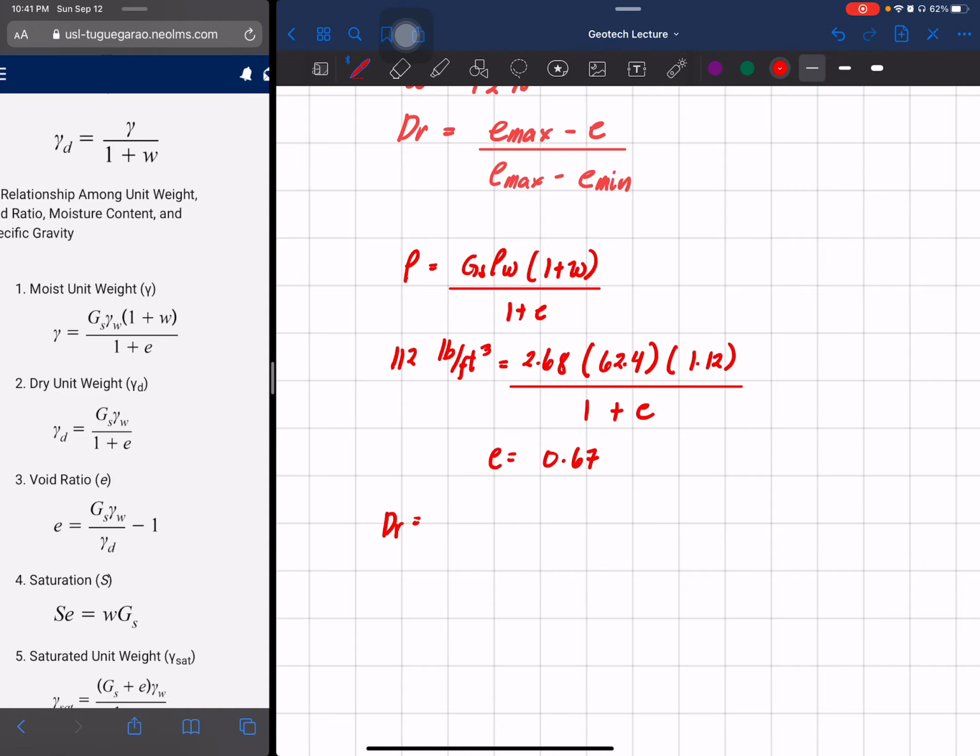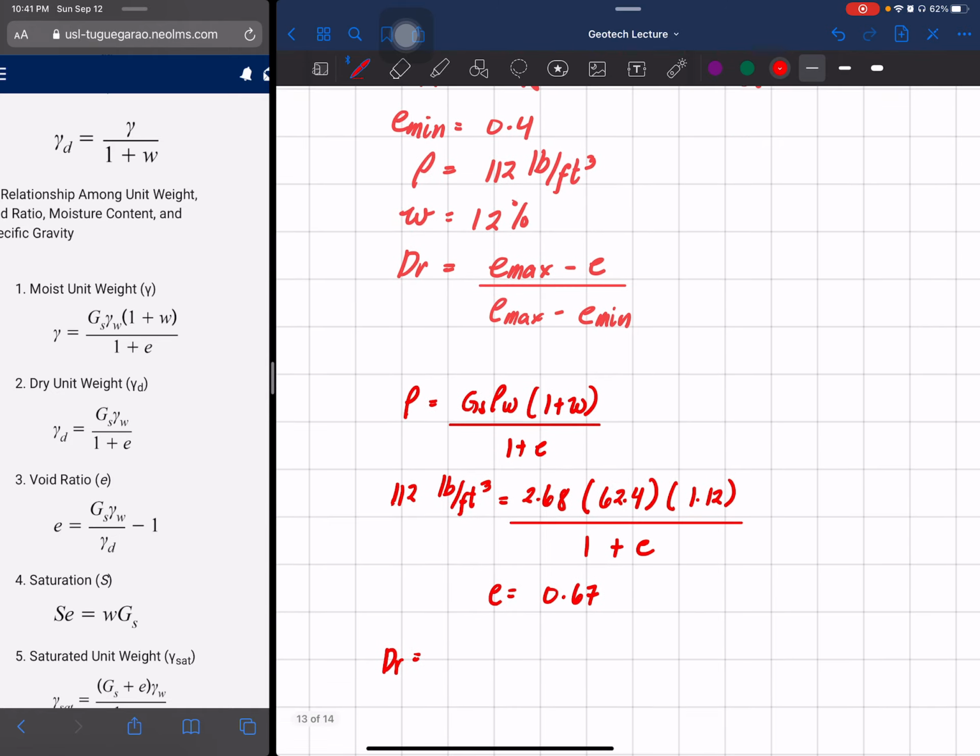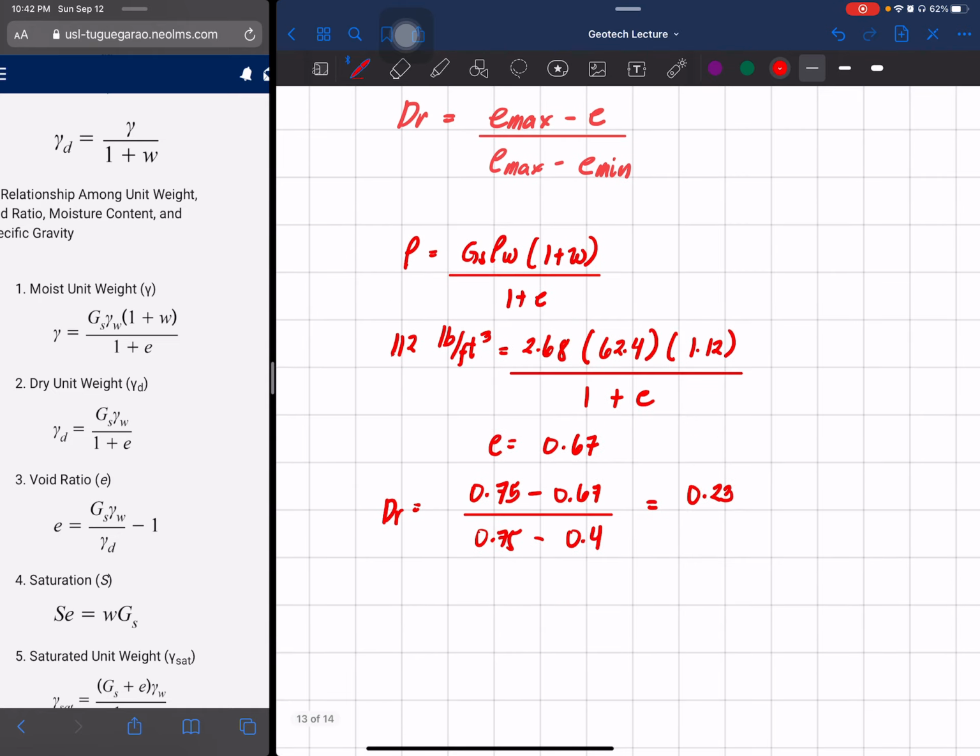So, yung DR natin, Emax natin is 0.75 minus 0.67 all over Emax minus Emin, 0.75 minus Emin is 0.4. And what is now the relative density? I think it's 0.23. Okay, so or that is 23%.